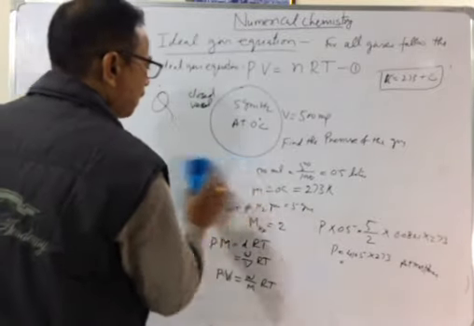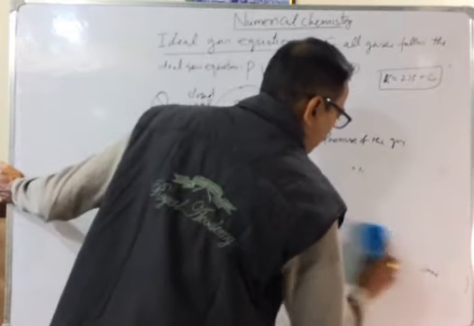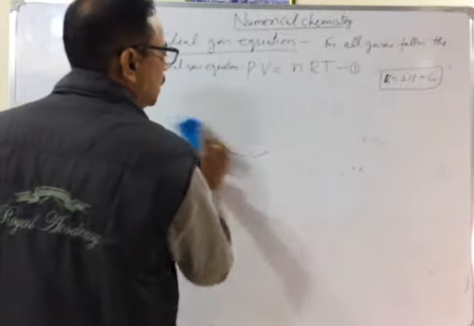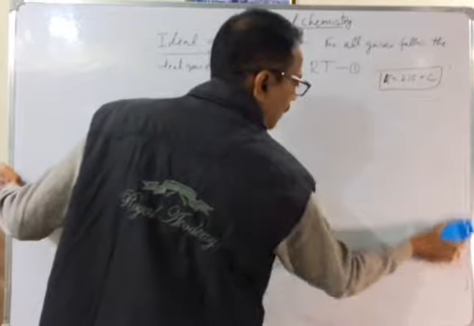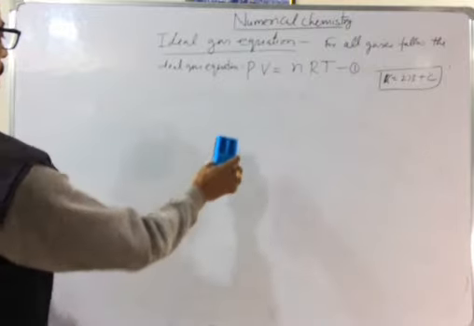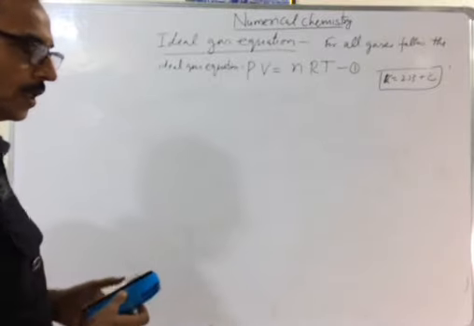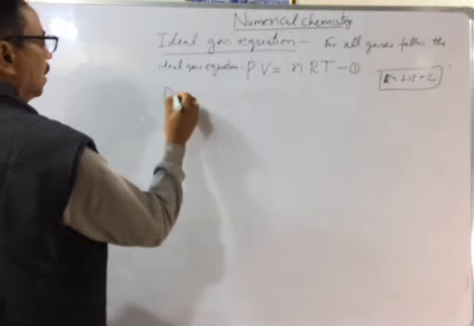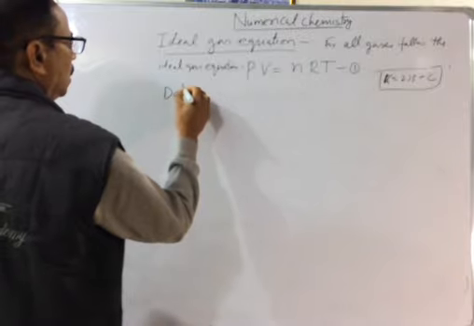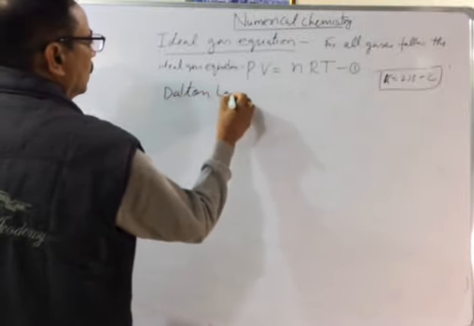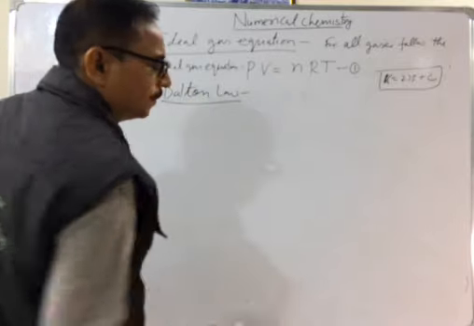Similarly, I will tell you one more law, that is Dalton law. Dalton law, which is very important from the numerical point of view. You have read it in your 9th, 10th class. What Dalton says?